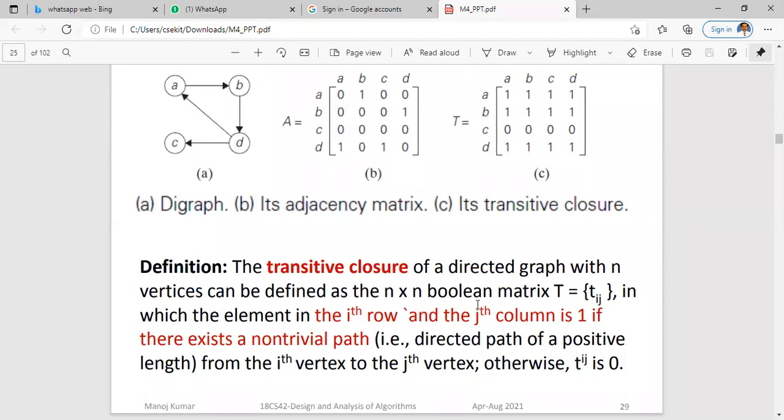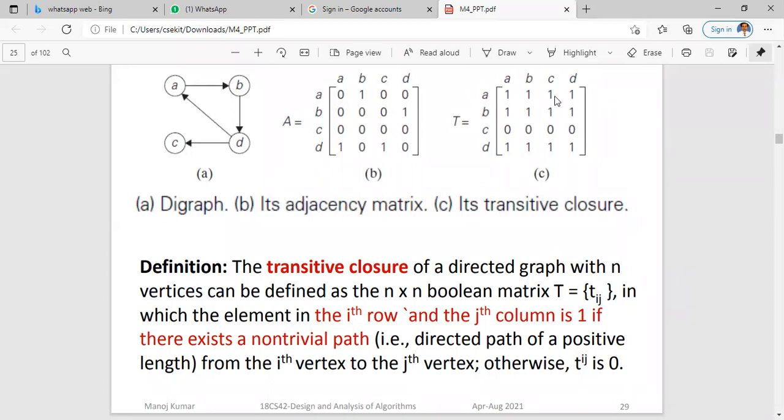It is an n cross n Boolean matrix T of ij, in which the element in the ith row and jth column is 1 if there exists a non-trivial path. So keep in your mind, the element in the ith row. This is the zeroth row, this is the zeroth column.